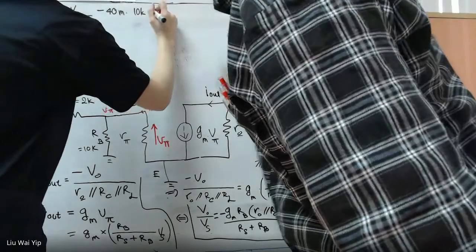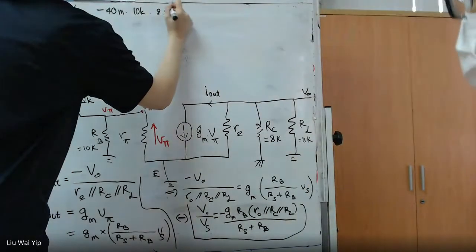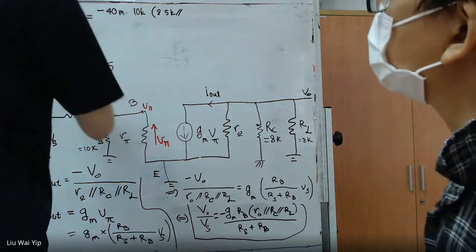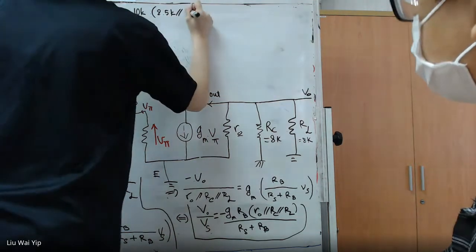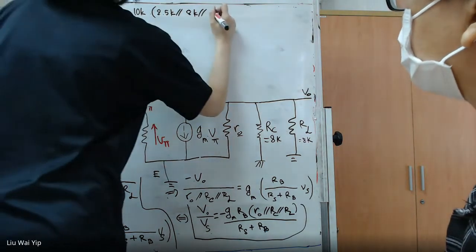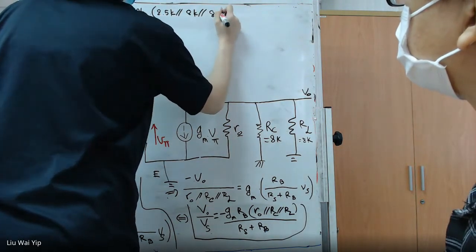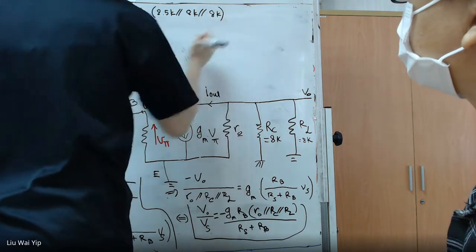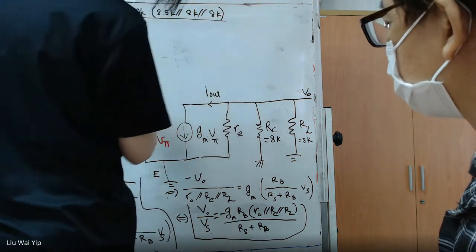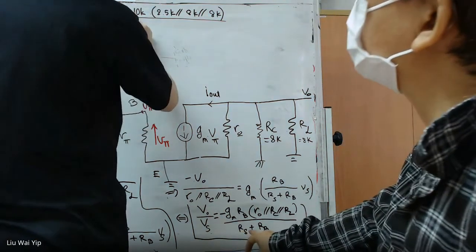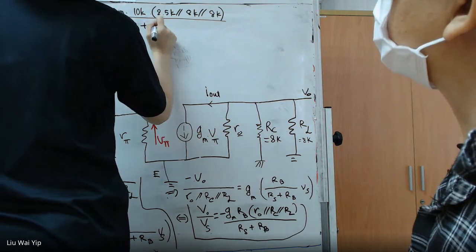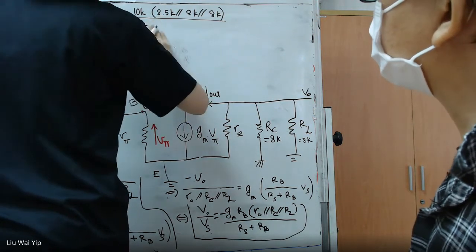RC is 8K. And RL also 8K. And what was my RS? RS is 2K. And 10K.